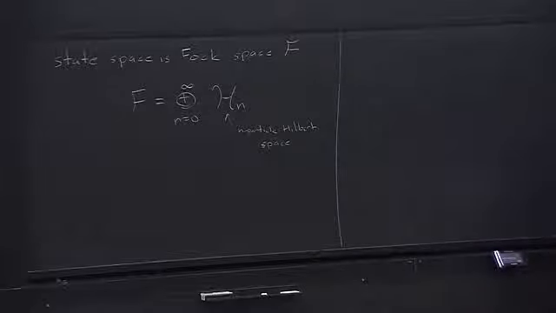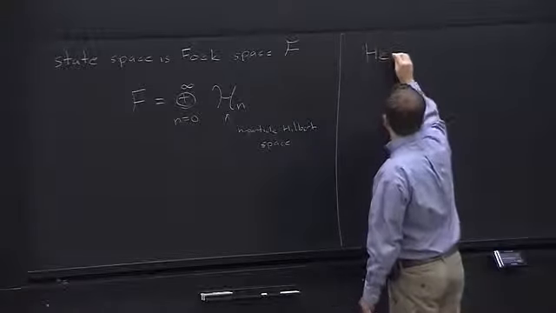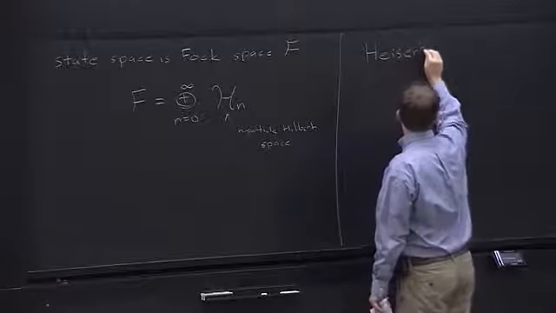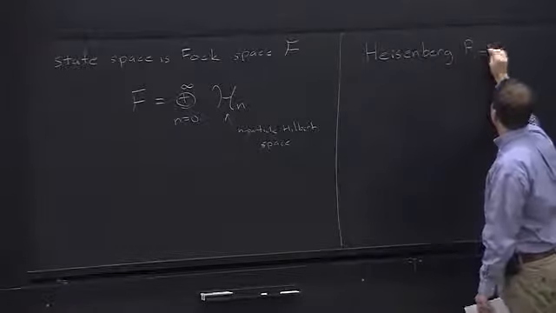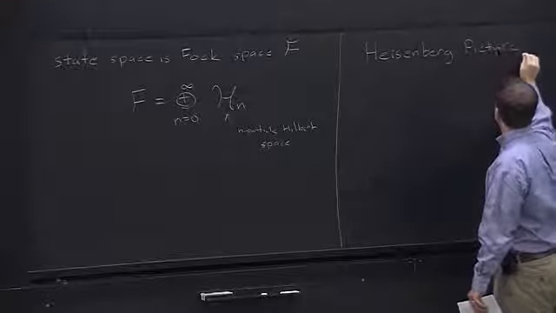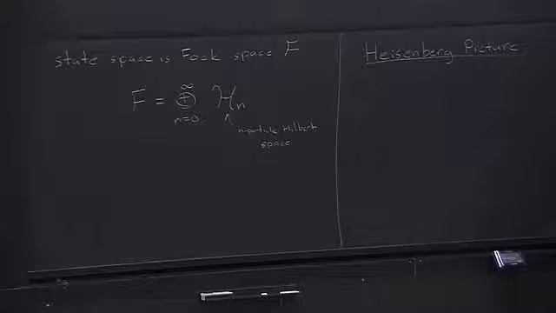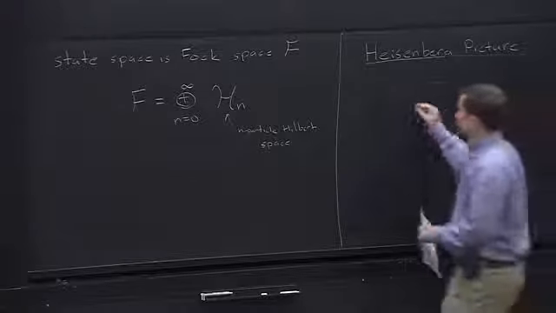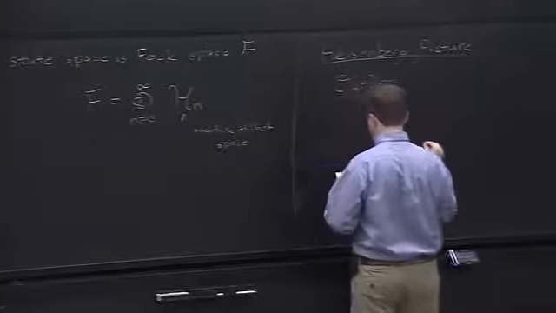So far everything I've discussed has been in the Schrodinger picture. It will sometimes be useful to instead work in the Heisenberg picture. In the Heisenberg picture, the operators become time dependent.